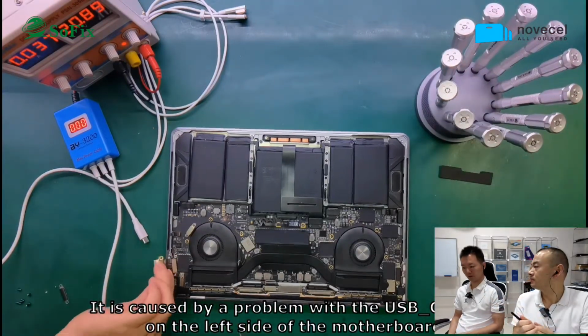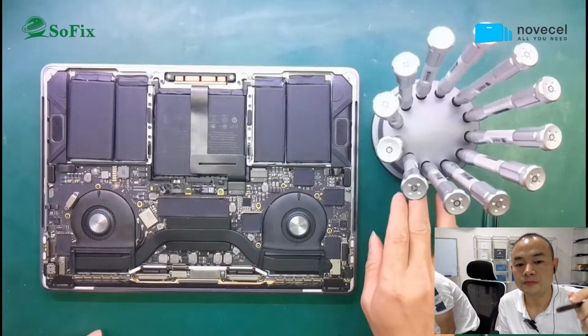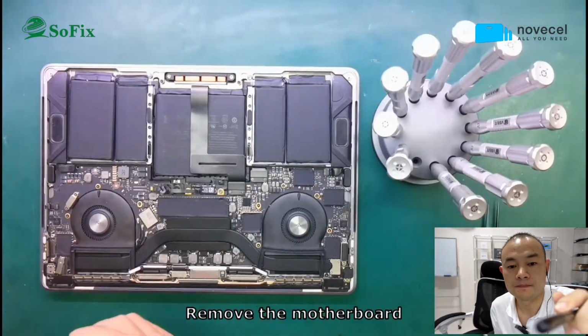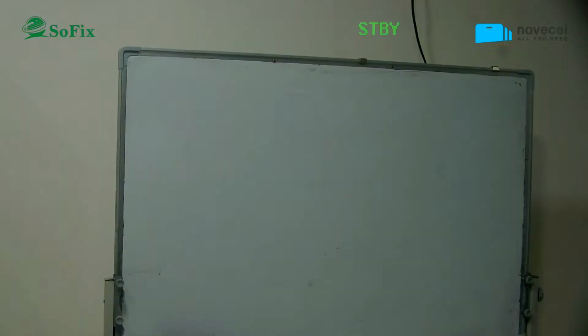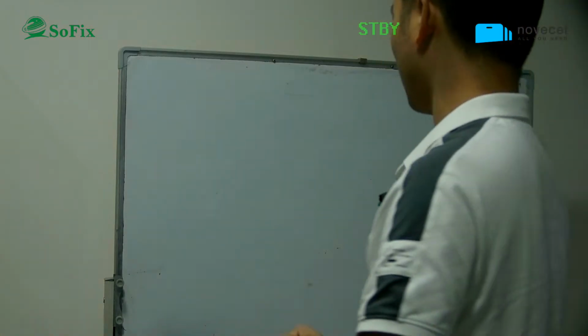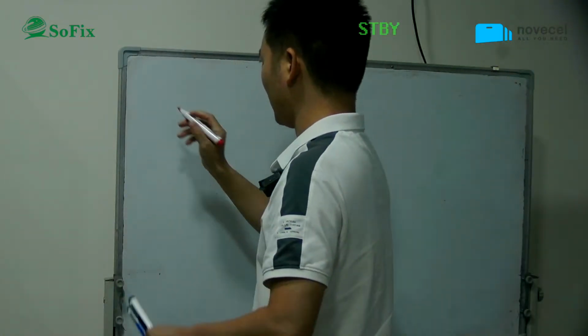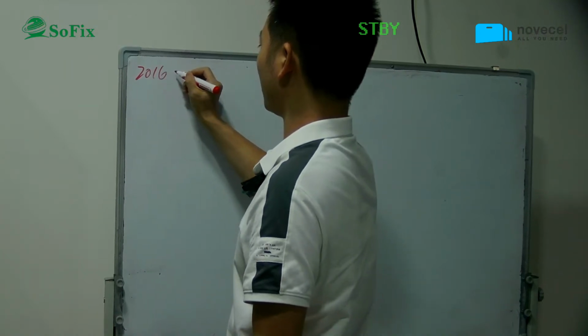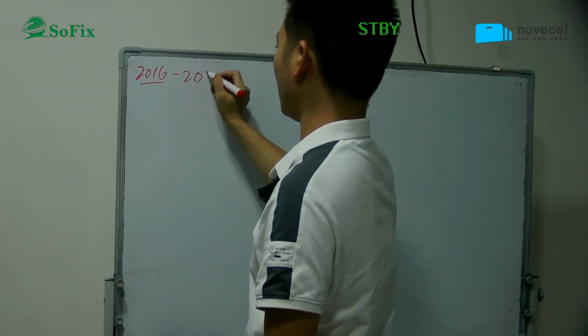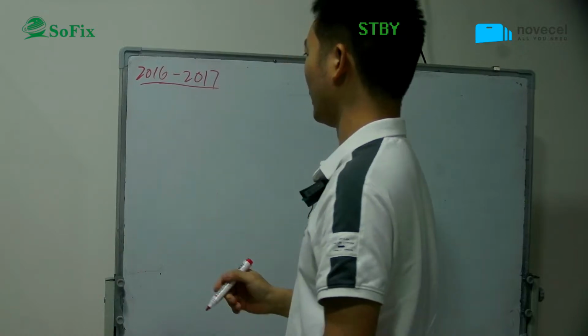Here we go. Okay. So today we are talking about the T1 and the T2. Let's go to the board. T1 and T2, the circuit problem, the 5 voltage. For talking about the T1, it's the 2016, 2017 T1 model.